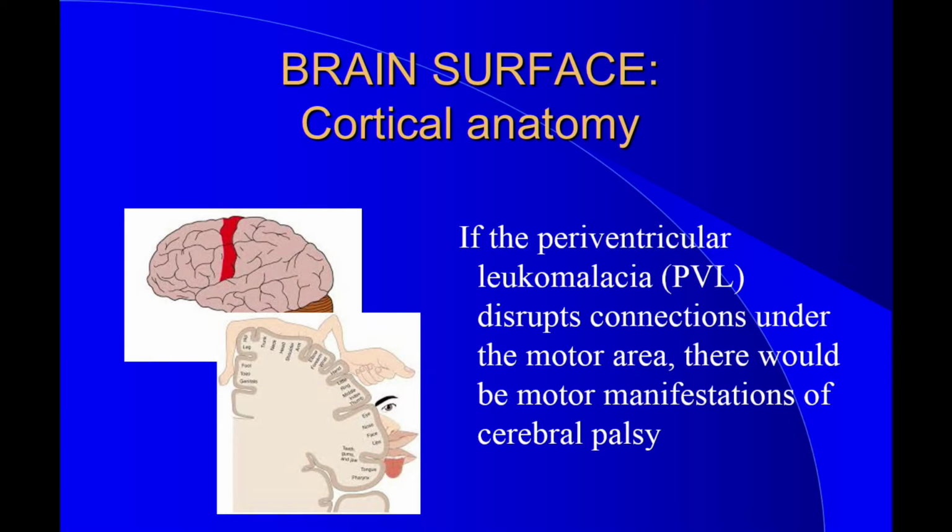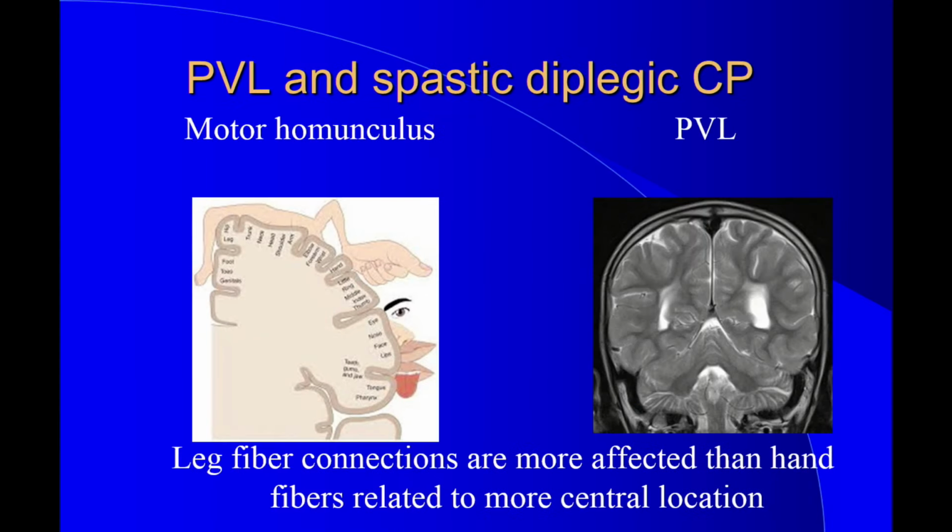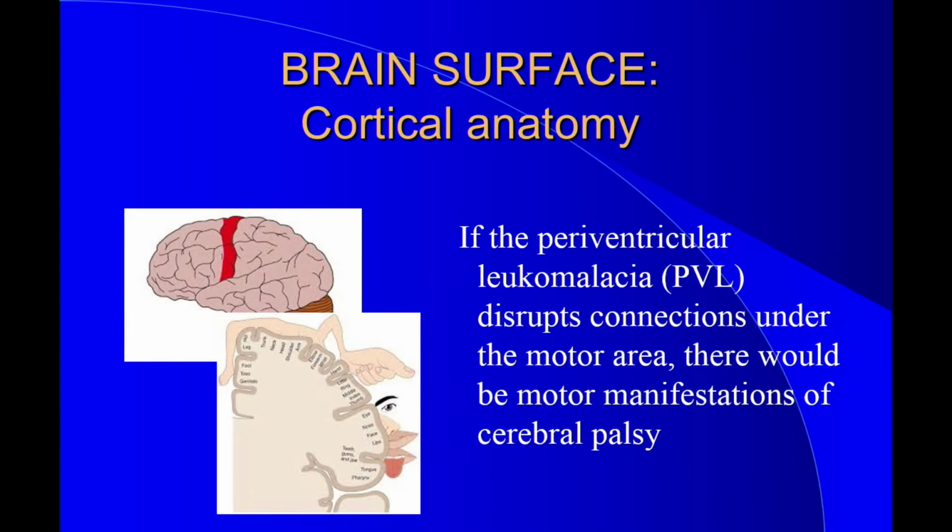So if we look at that motor strip, the leg is over here hanging in the middle, and the face is way over on the side. When these fibers have to come down to reach the spinal cord and make movement, those leg fibers are in a less optimal place as far as the periventricular area.